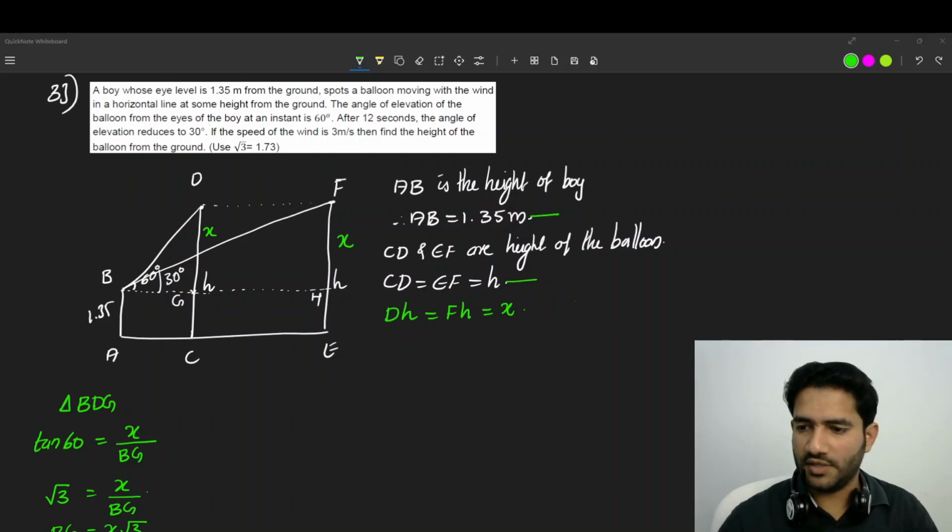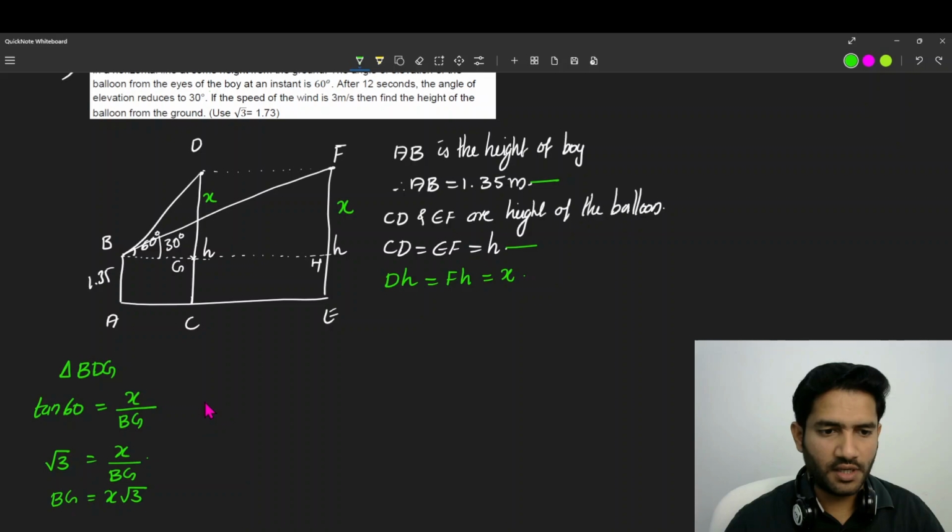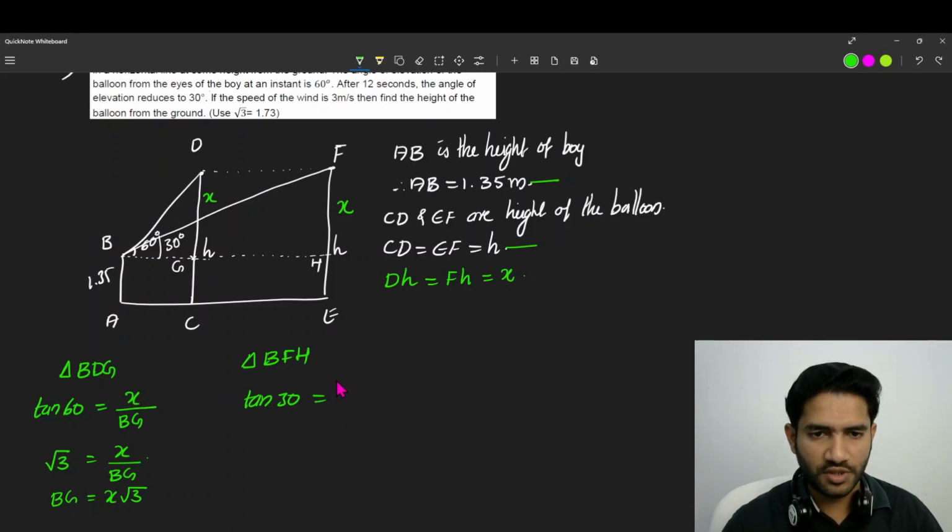Similarly, consider the second triangle BFH. Here we consider tan 30, which is 1 by root 3, so opposite x by adjacent BH. So 1 by root 3 is equal to x by BH.